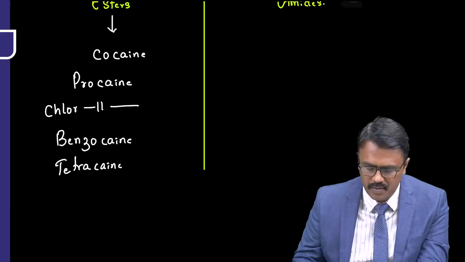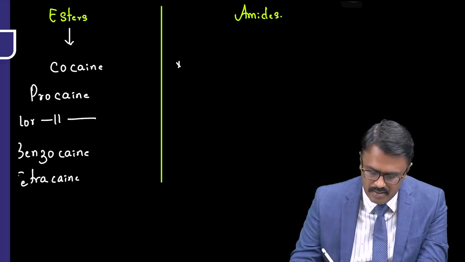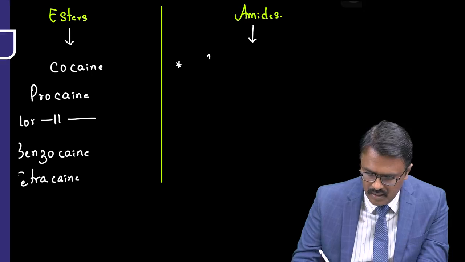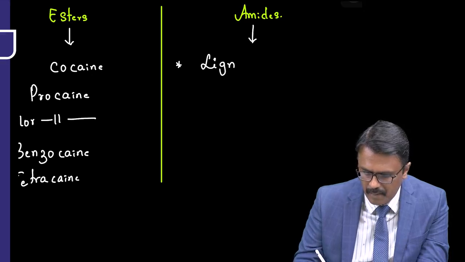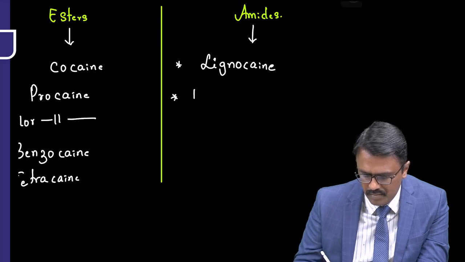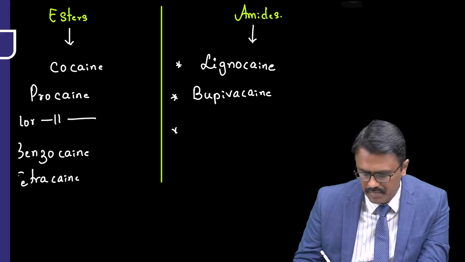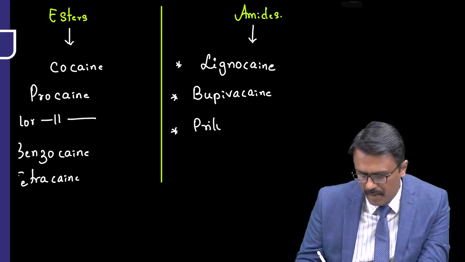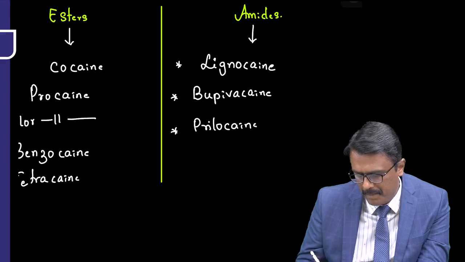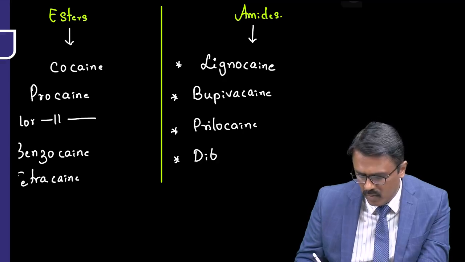Okay sir, fine, but what are the amides? Amide examples are lignocaine, also called lidocaine, then bupivacaine, prilocaine, and one more called dibucaine.